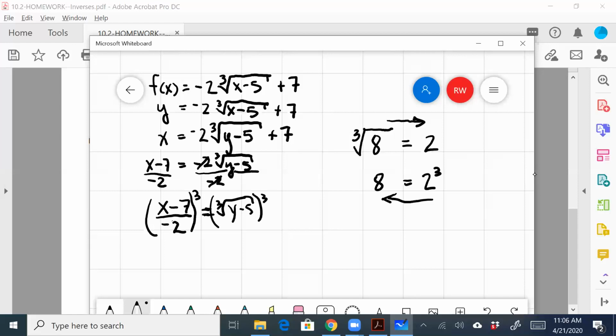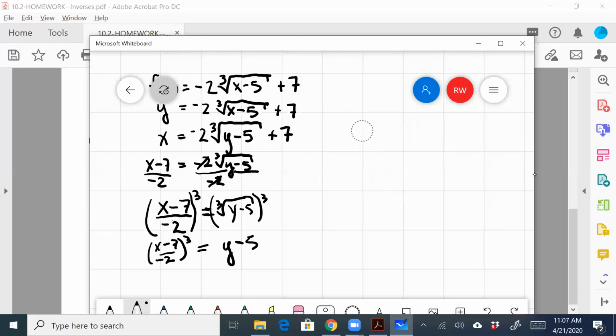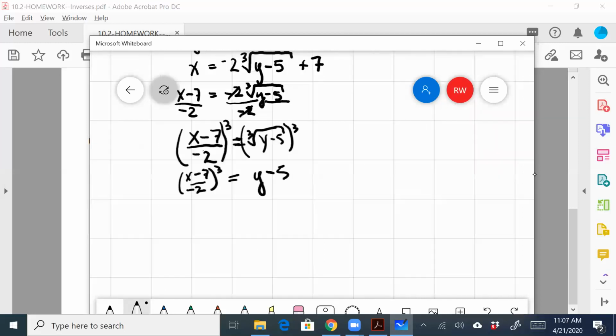So we're left with y minus 5 on the right, and over here we are left with x minus 7 over negative 2, cubed. And we add 5 to both sides to get y alone.